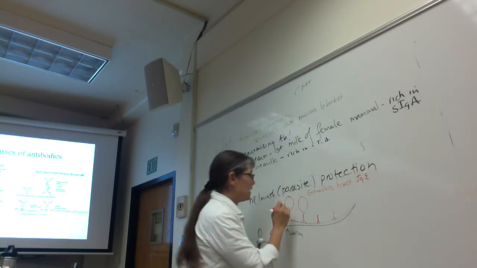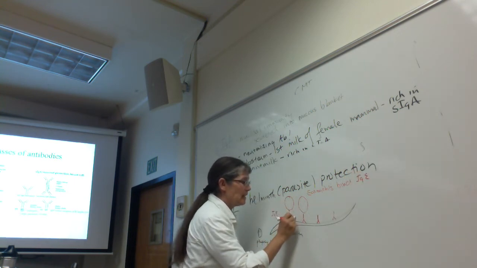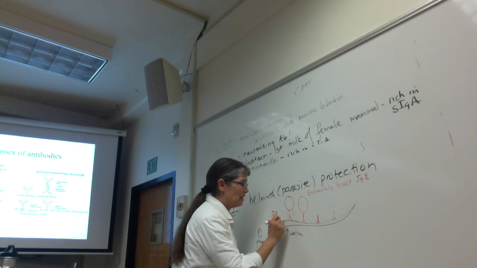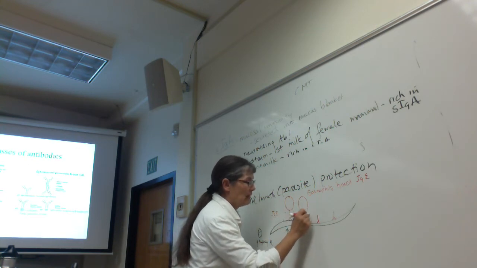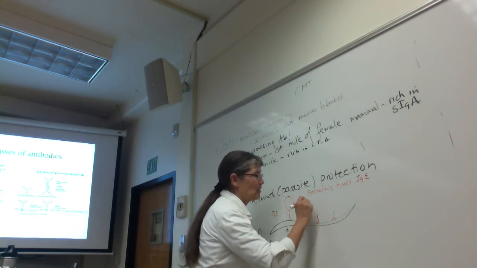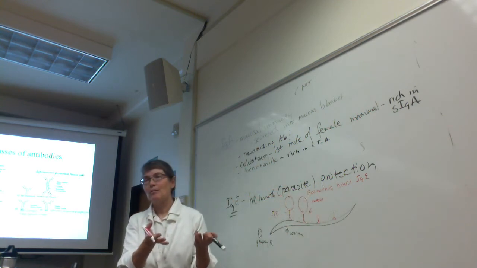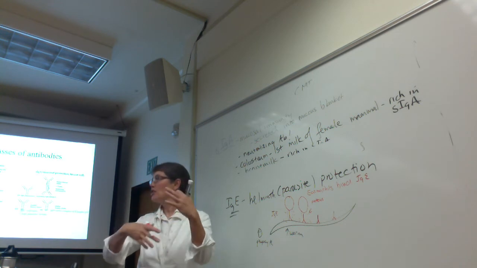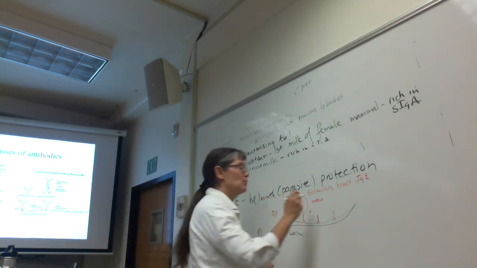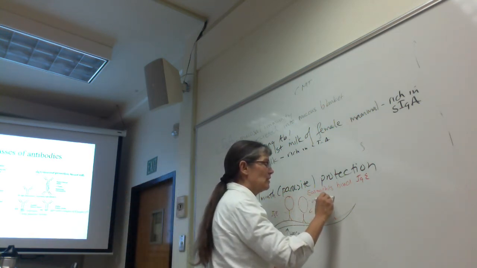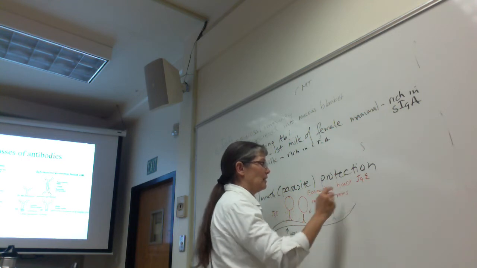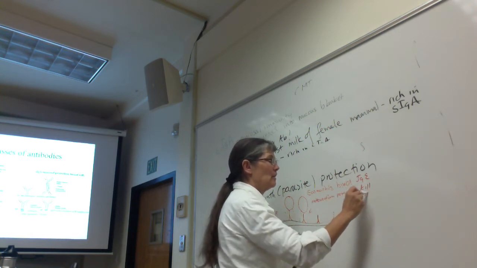And then when they bind, they release all of these anti-worm compounds. These are like proteins, a lot like the membrane attack complex. We see these strategies repeated over and over again.